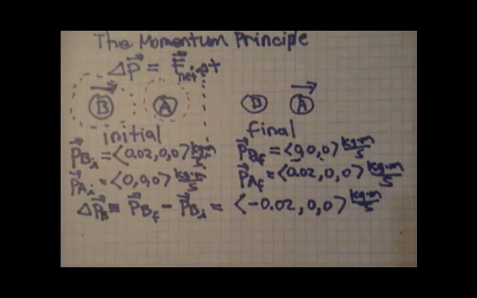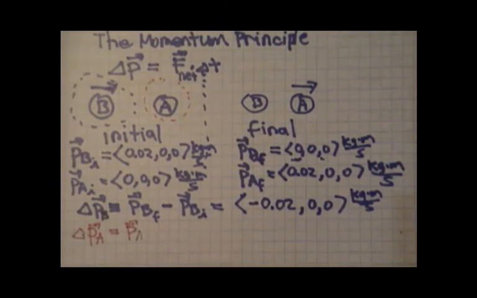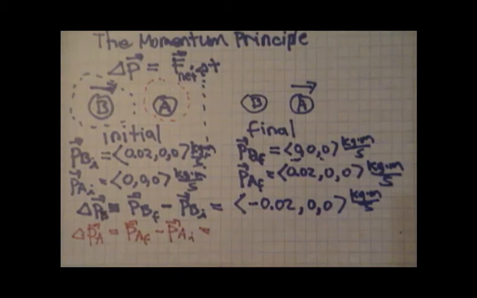And I'd like to calculate the change in momentum of ball A. Well, the change in momentum of ball A is just the final momentum of ball A minus the initial momentum of ball A. And the final momentum of ball A is 0.02, 0, 0 kilogram meters per second.